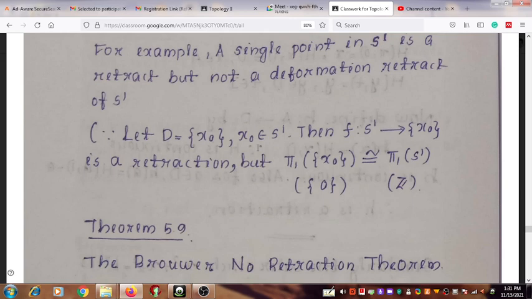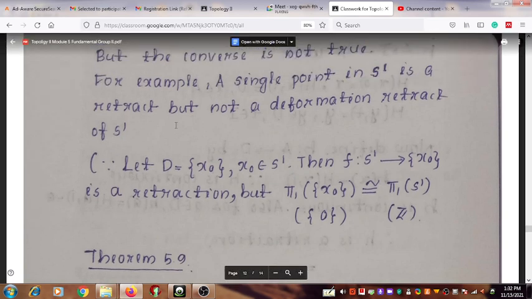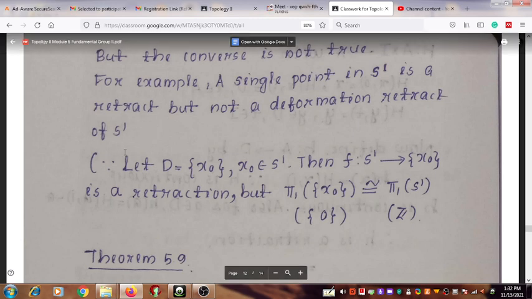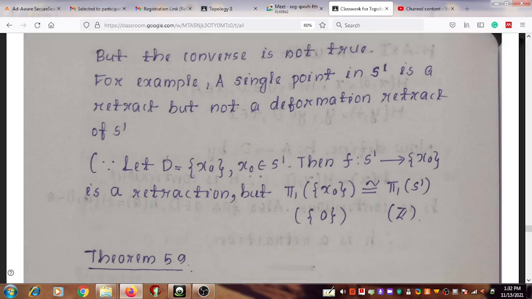The reason is provided using the fundamental group. The direct way of proving this is not given here. Instead, we use the help of the fundamental group of the two spaces to show that.